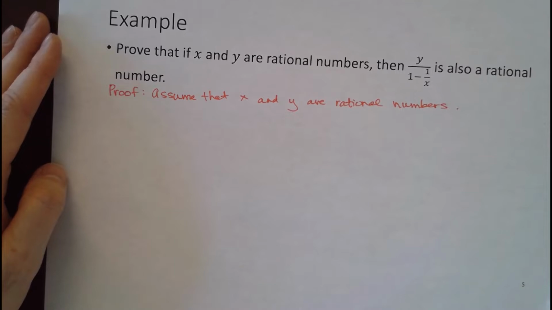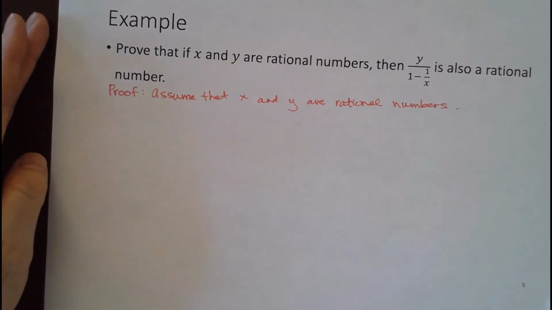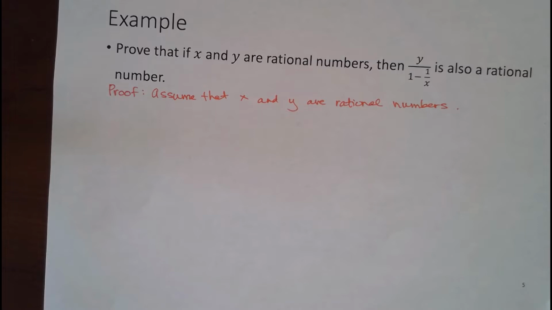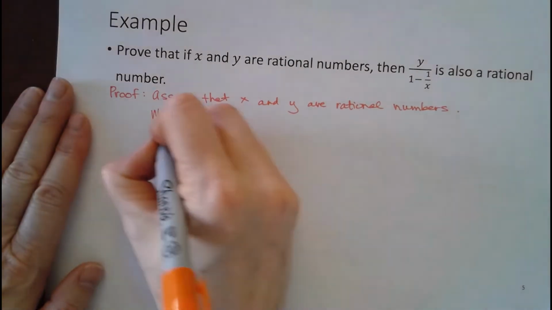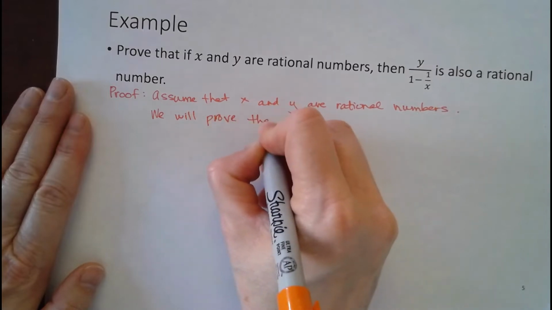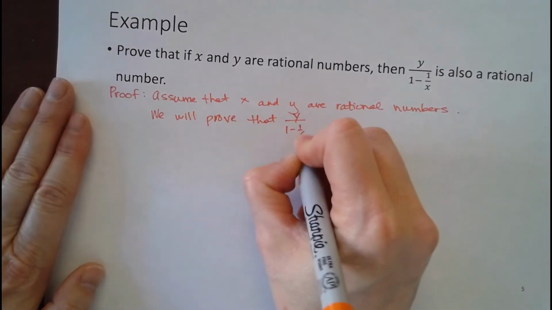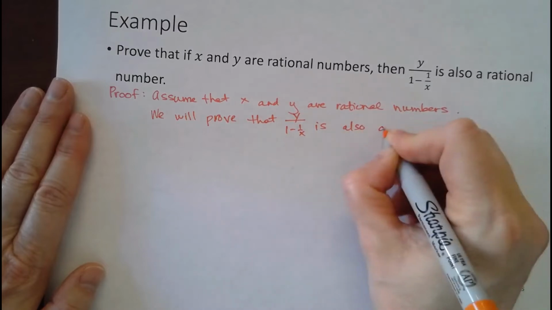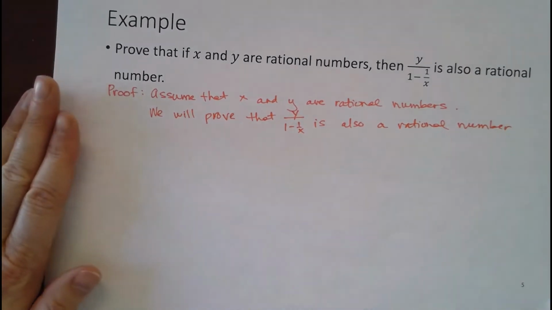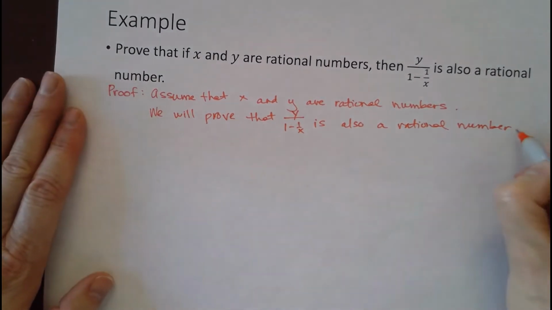And if you do them all the same, kind of get yourself a recipe or a little algorithm of how to do these, they go a little bit quicker. So usually what's a good thing to do next? Yep, go ahead, Carlos. Say we will prove that y over 1 minus 1 over x is also a rational number. Good. So we will prove that y over 1 minus 1 over x is also a rational number.